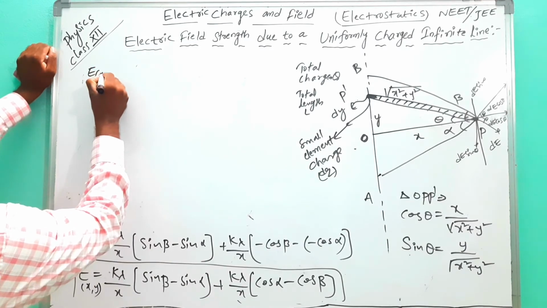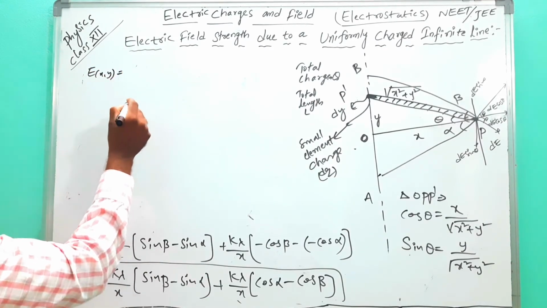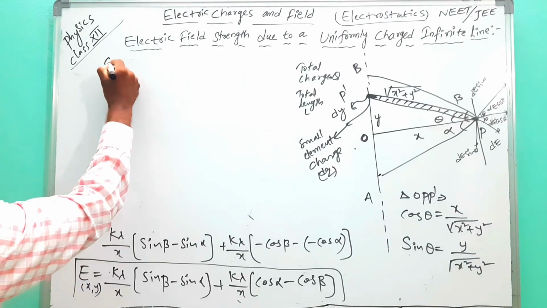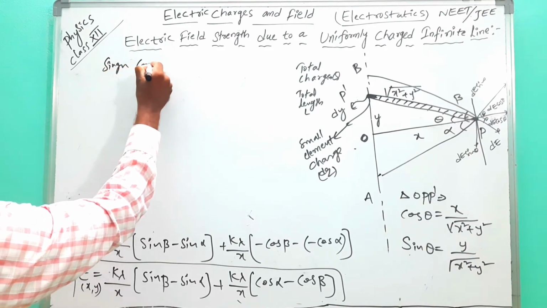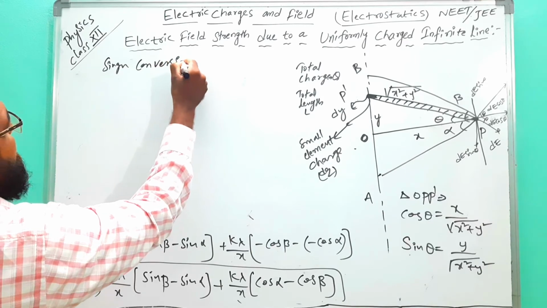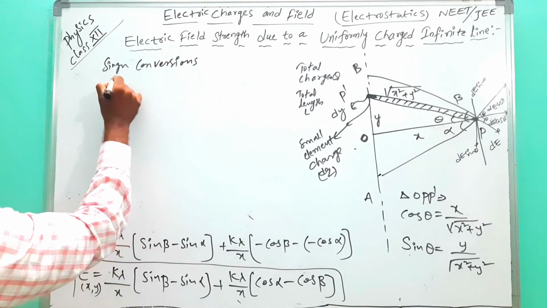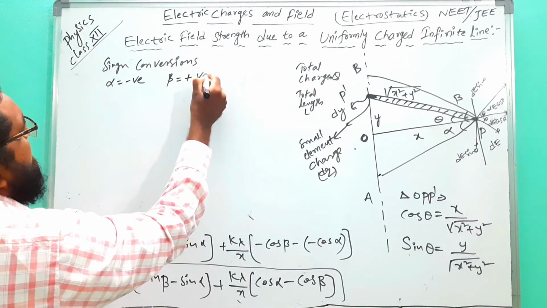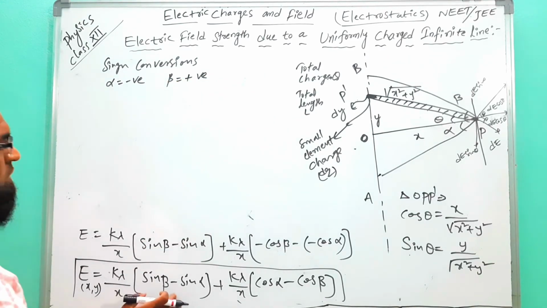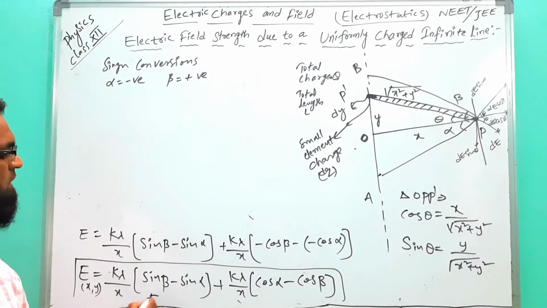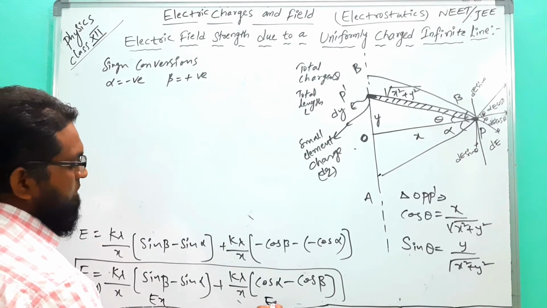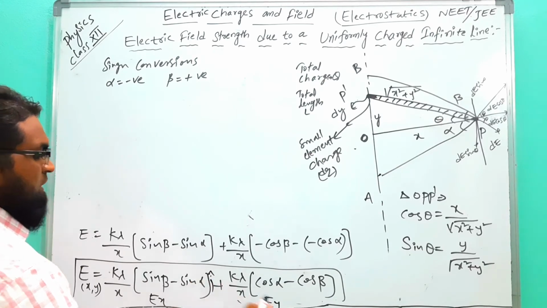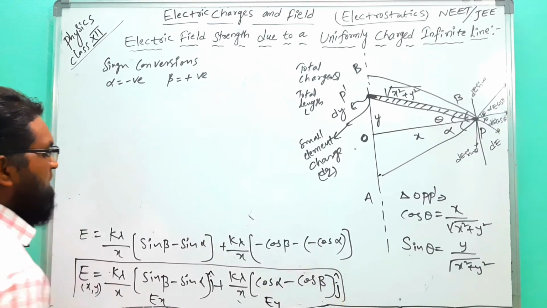So E of x comma y, with sign conversions, where alpha is negative and beta is positive. See here, we substitute into this equation, this is the Ex and this is the Ey, with i cap and j cap.